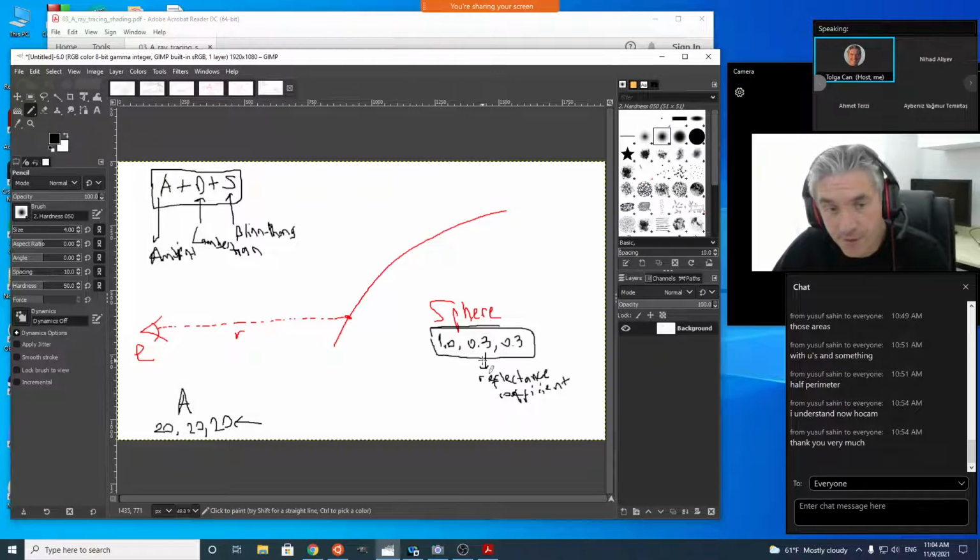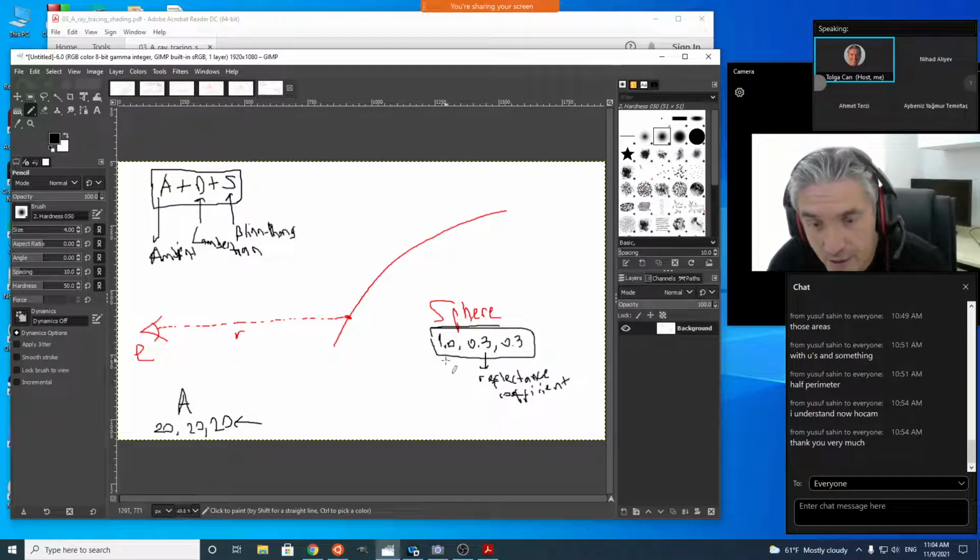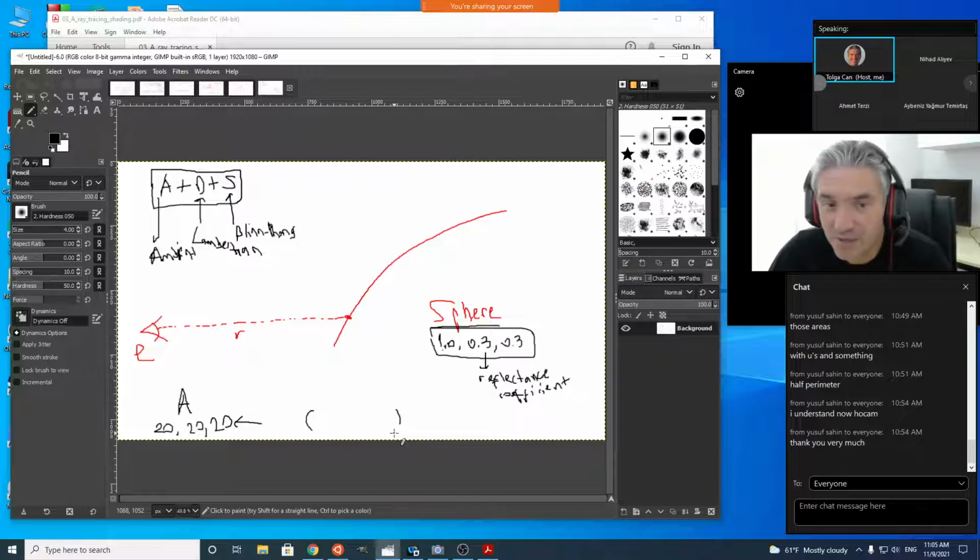So the first thing when we're computing the color on the surface is that the way we compute color with the reflectance coefficient and the intensity of a light source is, as I said, to do something interesting with these two vectors. We multiply these two vectors and get another vector, but it's partly dot, partly cross product.